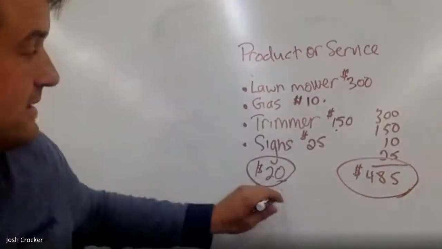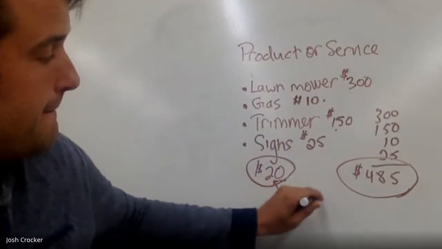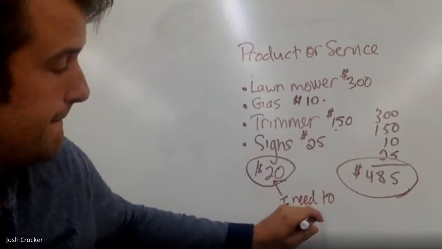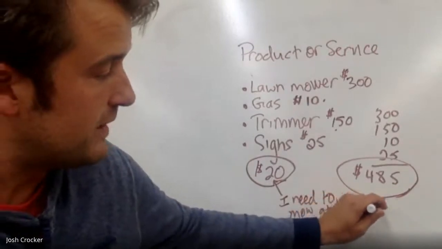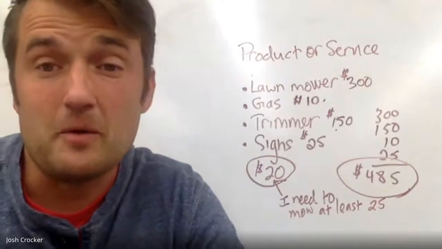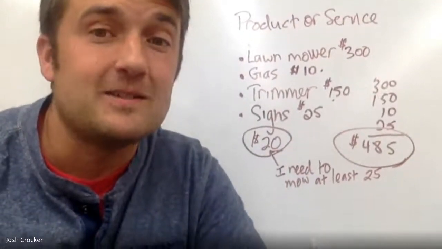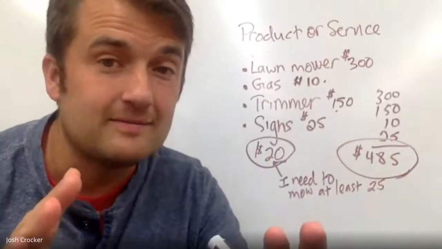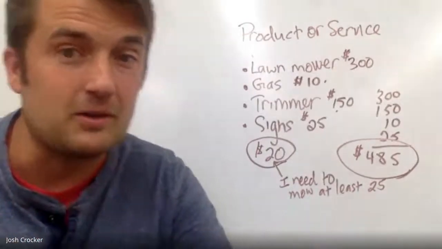So, like I just said, I need to mow at least 25 lawns just to get my money back, right? And so if I mow 50, then I made money, right? So I want you to look at the cost and what you're charging, and I want you to think about how many of these you're going to have to sell or make or do.